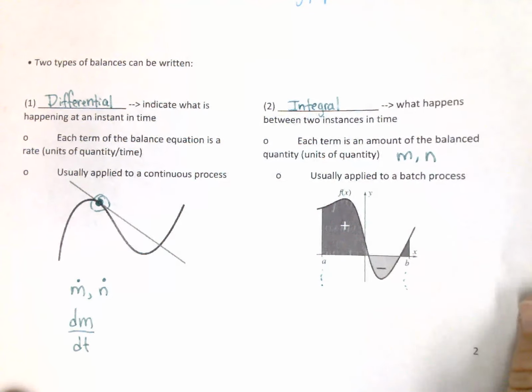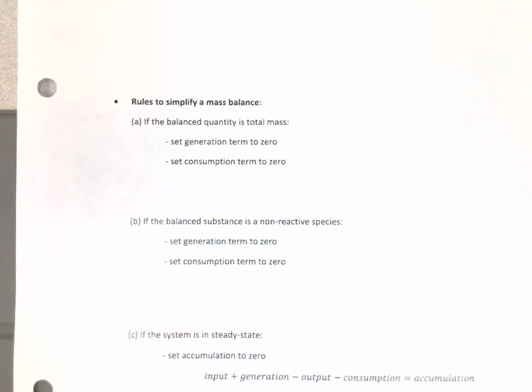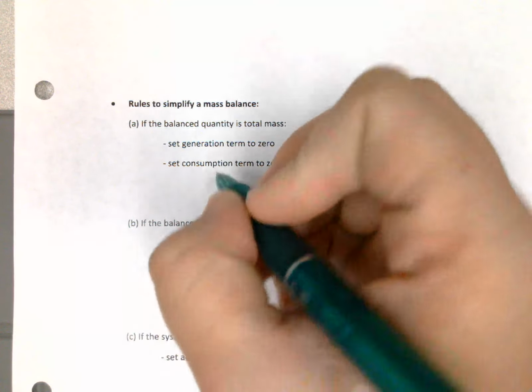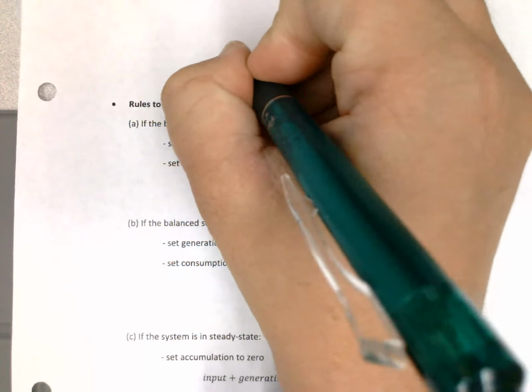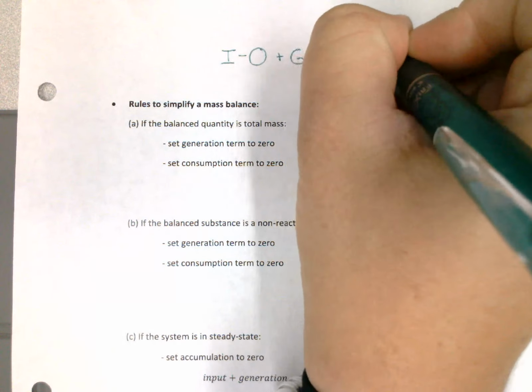So, integral and differential types of balances. Let's talk about how we are going to simplify a mass balance. If we have our mass balance equation, we have input minus output plus generation minus consumption equals accumulation.